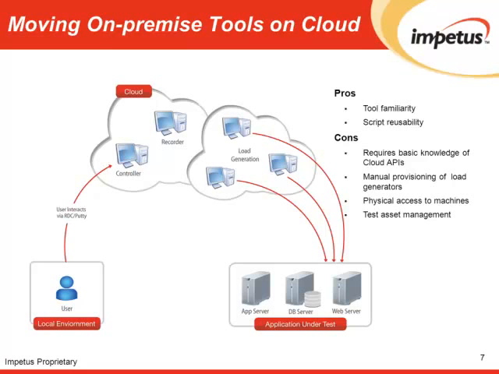If you look at the image on your screen right now, you'll notice that in this particular model, all the components of the tool have been moved to the cloud. This, again, is the simplest way to leverage cloud for performance testing and is used by tools like JMeter, Grinder, and LoadRunner.